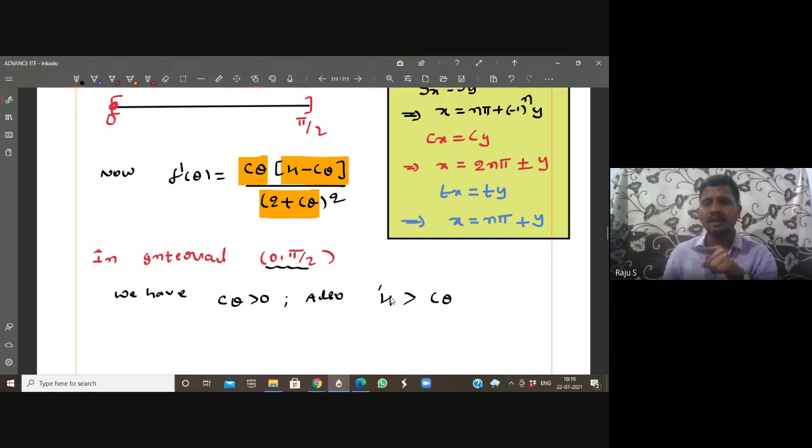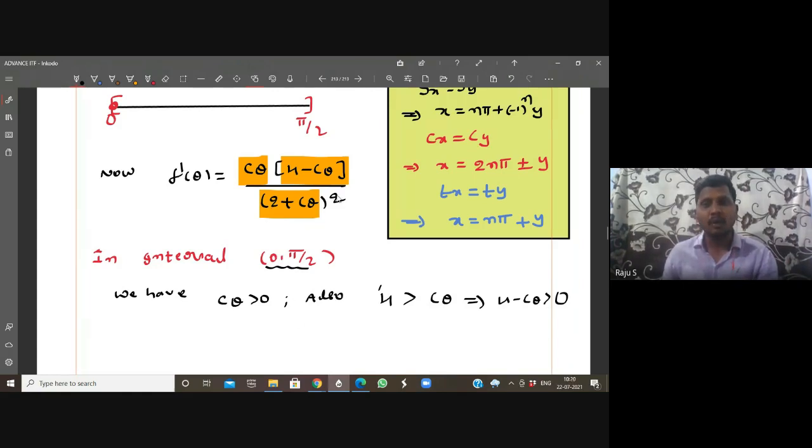When I take cos theta to the left side, 4 minus cos theta is greater than 0, because the maximum value of cos is plus 1. So 4 is always greater than cos theta, and 4 minus cos theta is greater than 0.